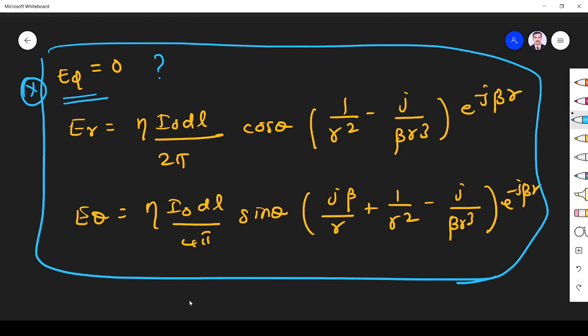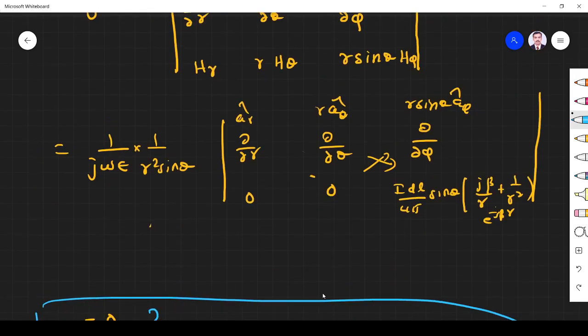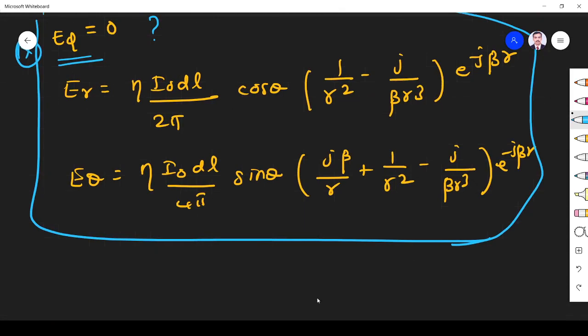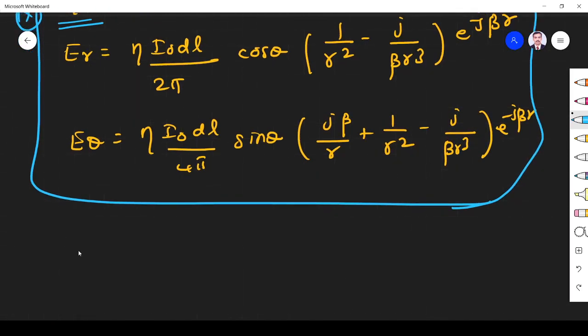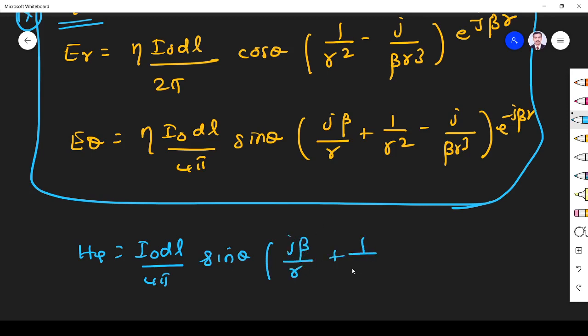So let me write the H phi component again here. H phi is given by I naught dl divided by 4 pi sin theta into (j beta by r plus 1 by r squared) into e power minus j beta r.